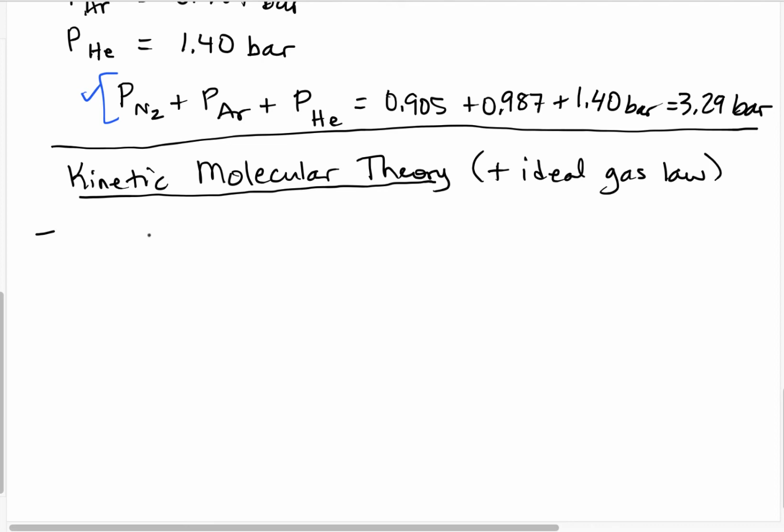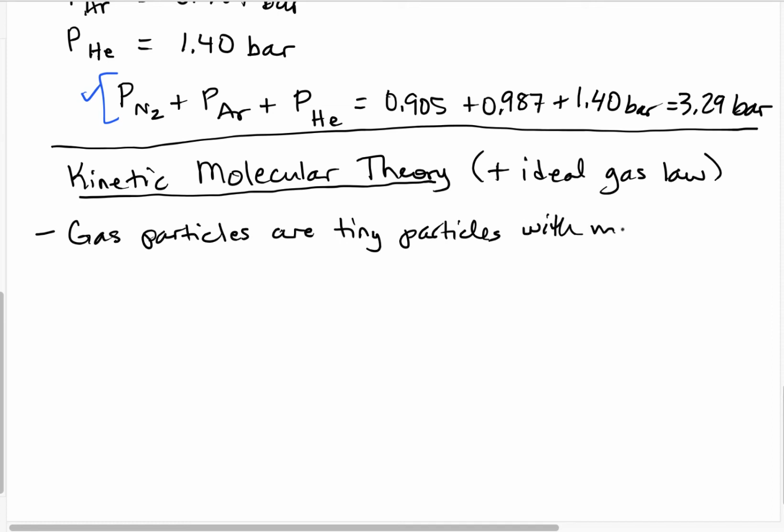Our principles for the kinetic molecular theory is that gas particles are going to act like tiny little balls. And just like the ideal gas law, we're going to say that they have mass, but no significant volume. So they don't take up any of the space of our container.